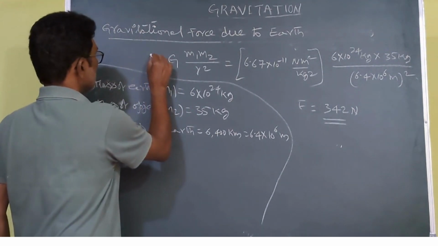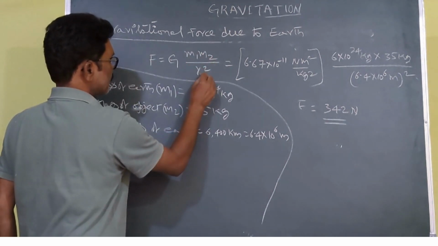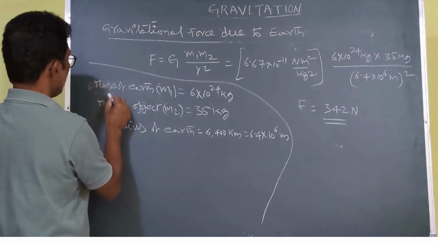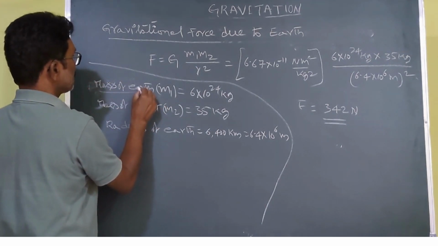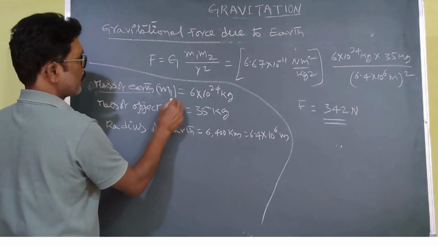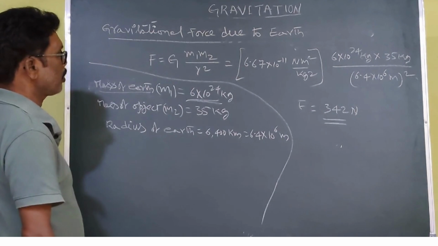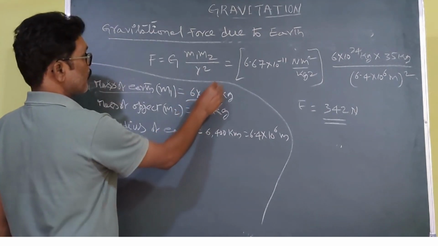Using the equation F equals G times M1 times M2 divided by R squared, I would like to take M1 as the mass of the earth, already measured, 6 times 10 to the power of 24 kgs.